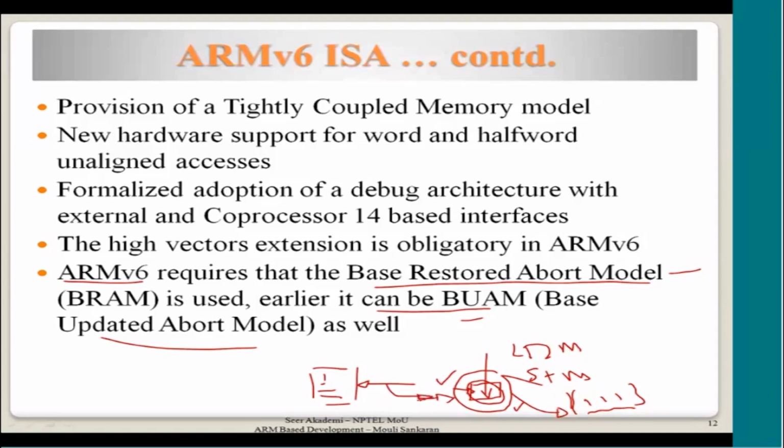So it was a little involved, writing a lot of code in the exception handling. So now that has been removed. So we can choose one of these models, and mostly we may prefer this because we want to restart the instruction most of the time.